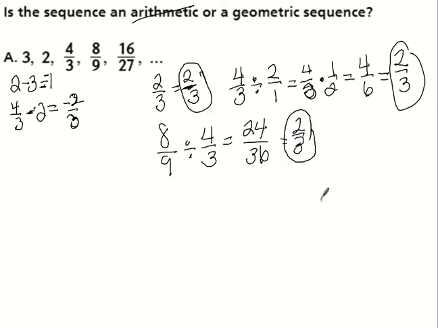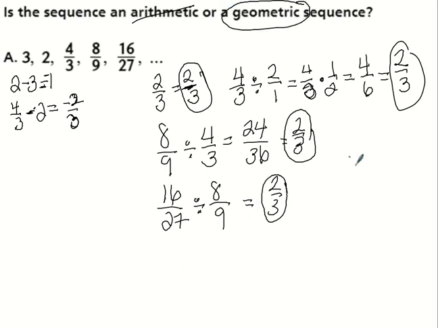So there's my common ratio. And the last one would be 16/27 divided by 8/9. If I multiply across and reduce, hint, hint, it will be 2/3. So since we have a common ratio of 2/3, this is in fact a geometric sequence.